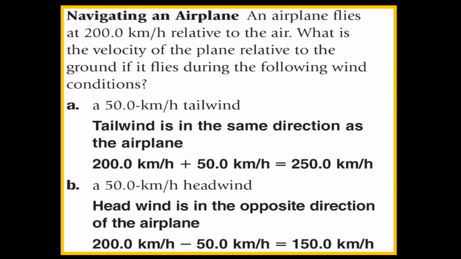It's not particularly well done that you would say minus. We don't subtract vectors. We add them. And it would be more appropriate to say plus 200 kilometers per hour plus a negative 50 kilometers per hour would equal 150 kilometers per hour.